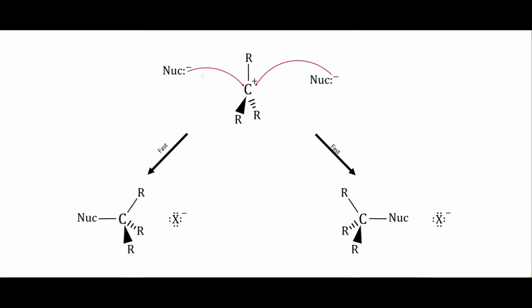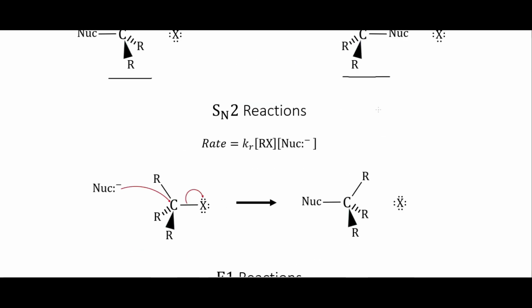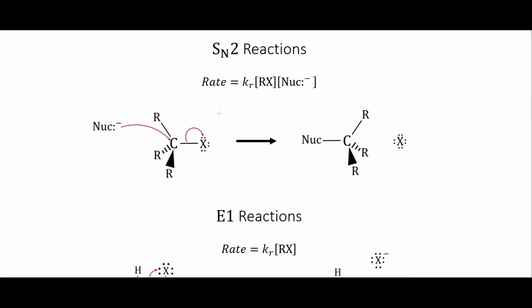This isn't being bound by two nucleophiles; I'm just showing that this can be done on either side, and so we get racemization of our product. The nucleophile can attack that carbocation from either side, and that's the fast reaction going to the product. Then our SN2 reactions, which are dependent on the concentration of the substrate and the nucleophile.